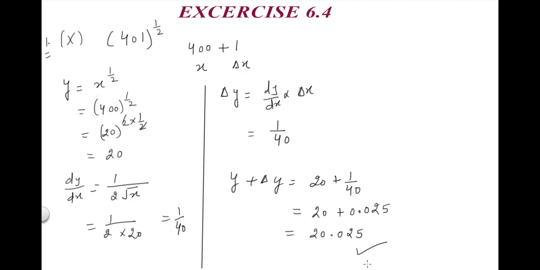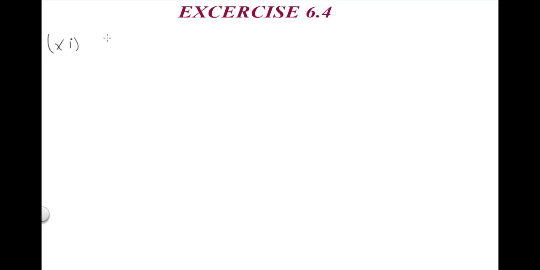Now we will discuss the 11th part of the question. The 11th part is 0.0037 to the power 1 upon 2. Now we should think of a square, and the nearest square to it is 0.0036. It is the square of 0.06.